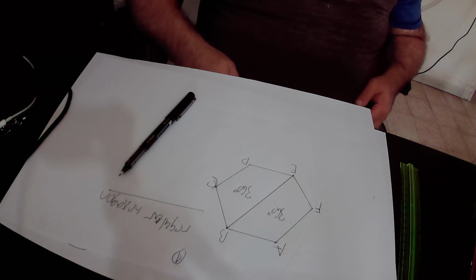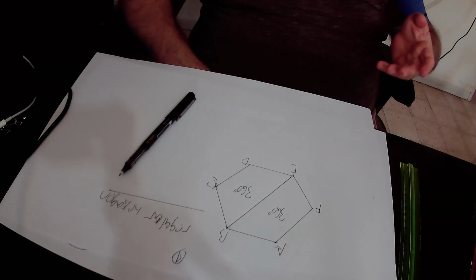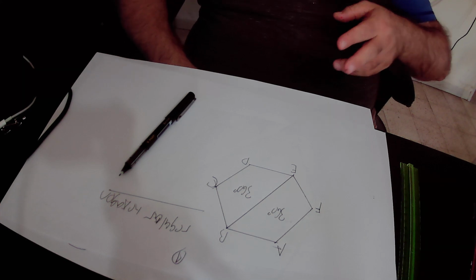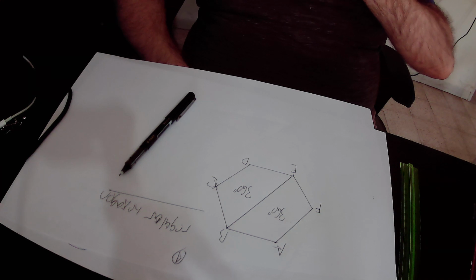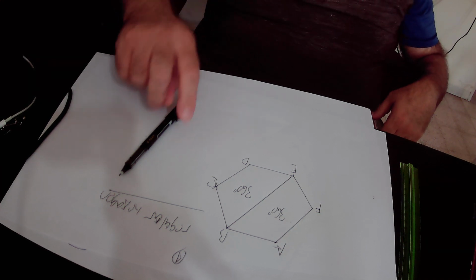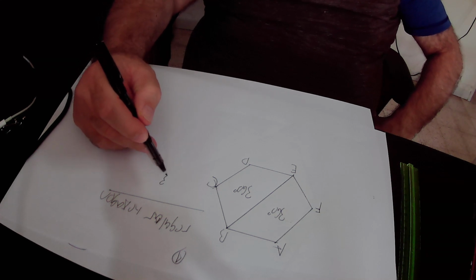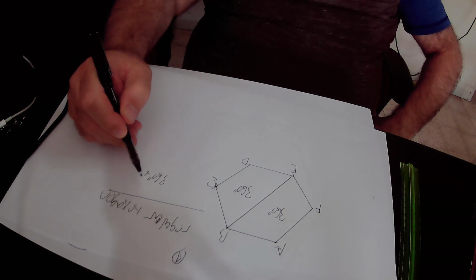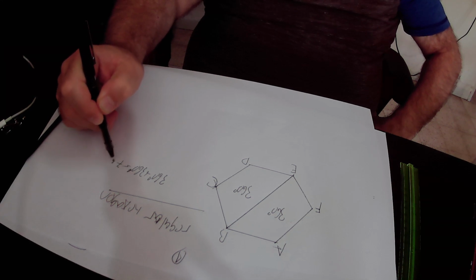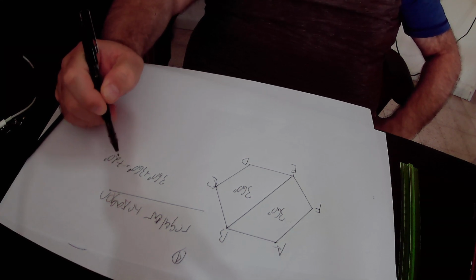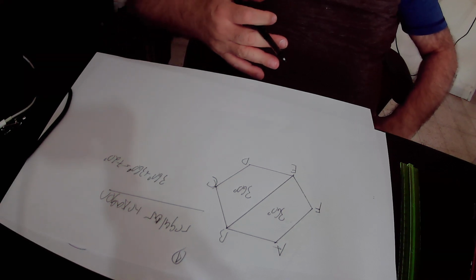The sum of the angles in this regular hexagon will be equal to the sum of the angles in those two quadrilaterals. Therefore, it is 360 degrees plus 360 degrees, that is 720 degrees. So the sum of the angles in any regular hexagon is equal to 720 degrees.